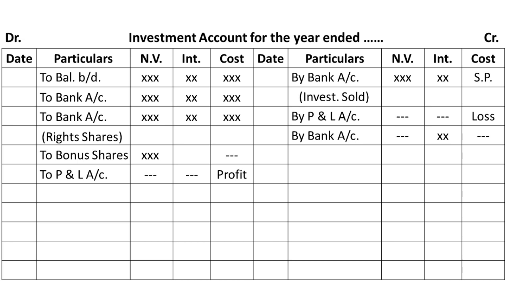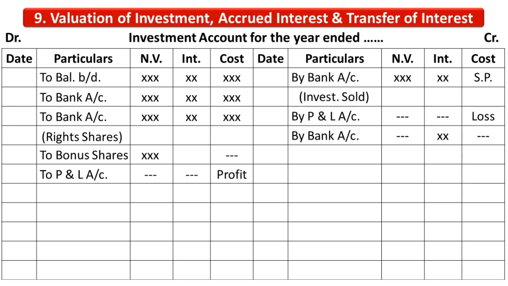The next transaction, valuation of investment, accrued interest and transfer of interest on the last day of the financial year or accounting year. In this case, we have to close these three columns step by step. First of all, we'll close the column of nominal value. Of course, the debit side is more.